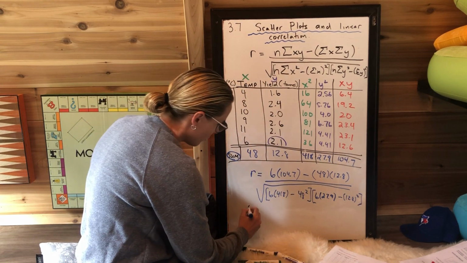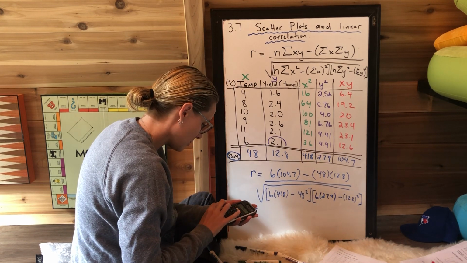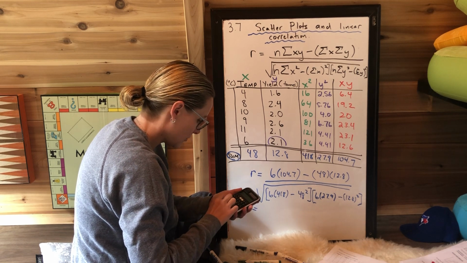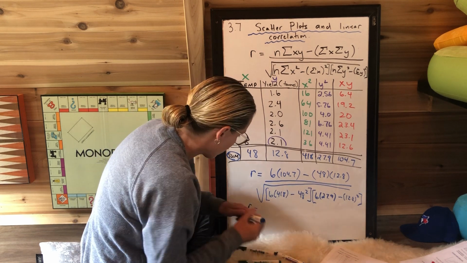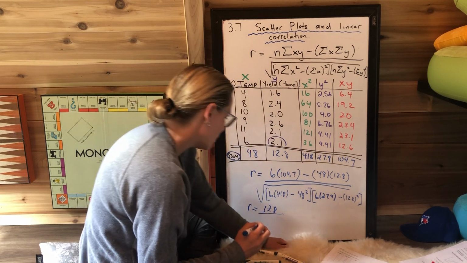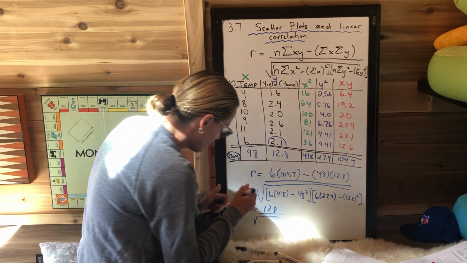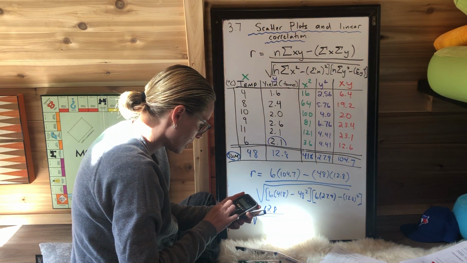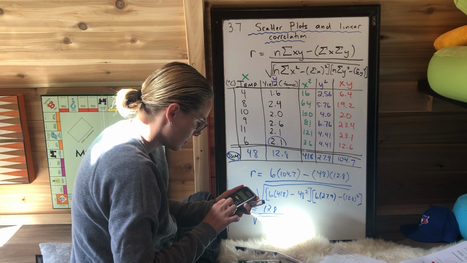Okay, so it's just a matter of actually calculating. So the numerator, 6 times 104.7 minus, in brackets, 48 times 12.8. I get 13.8 in the numerator. My denominator, I'm going to do in 2 steps here because I don't want people to get lost. So here I'm doing 6 times 418 minus 48 squared.